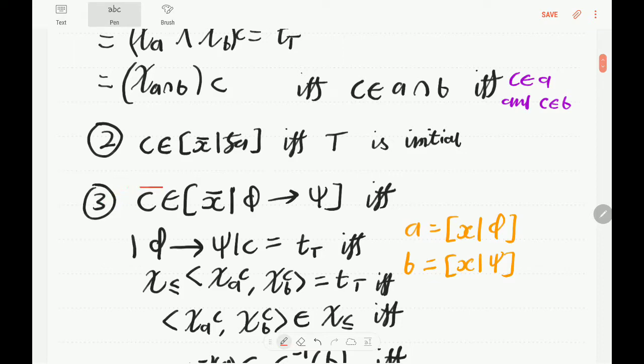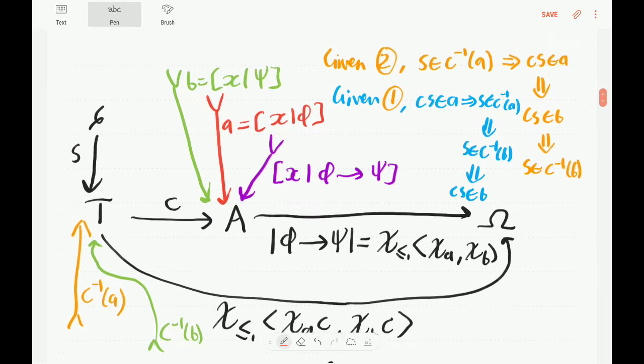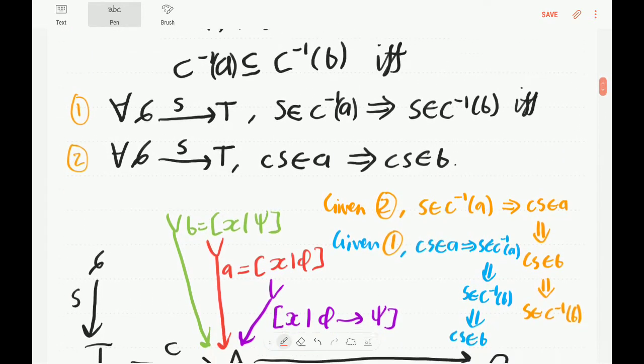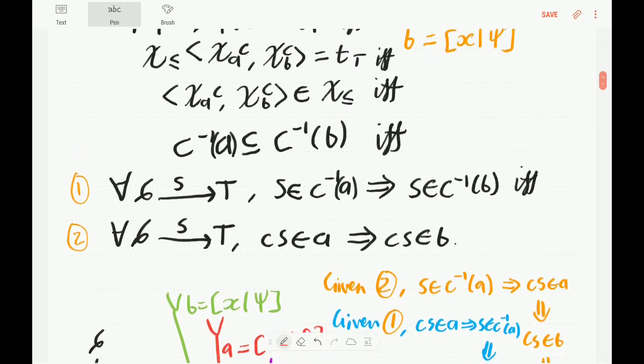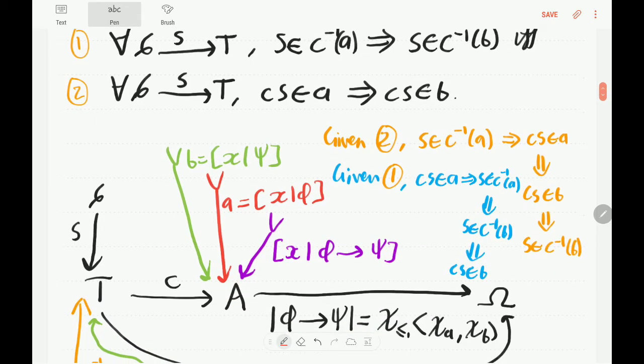Third result says that C is in the extension of phi implies psi if and only if for every arrow S from an object zeta to T, we have that C after S is in the extension of phi implies C after S is in the extension of psi.